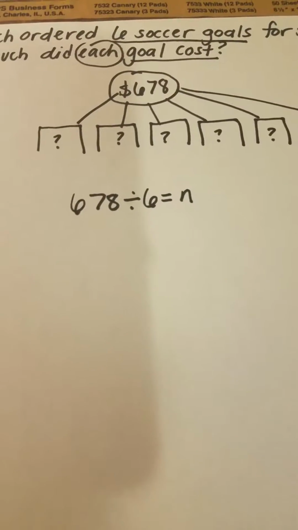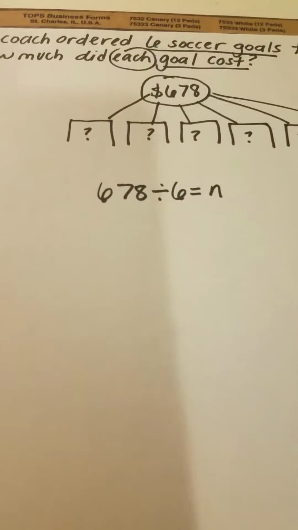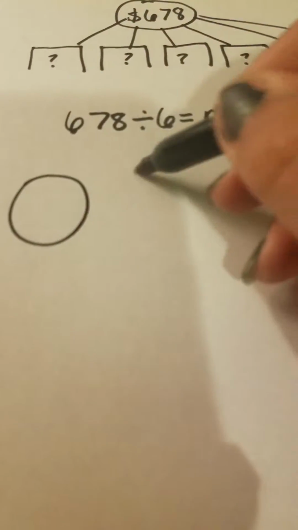All right, so one thing I can do to solve this is I can take 678 and break it up into 6 parts. So I'm just going to make 6 circles.